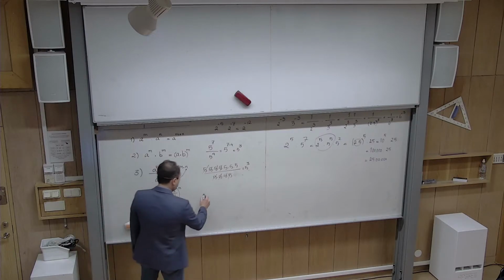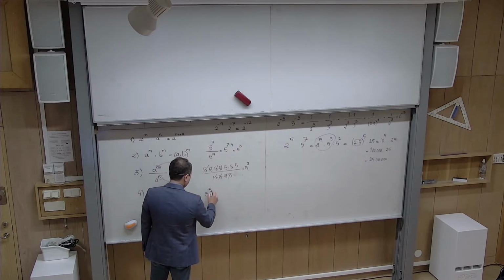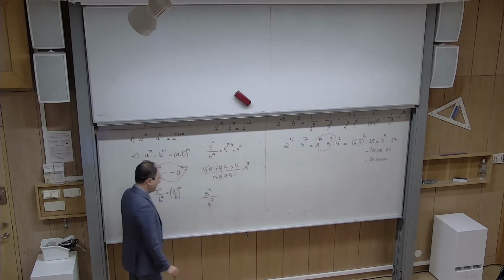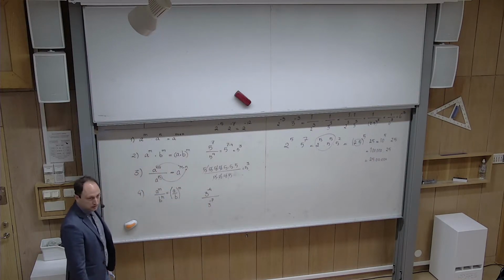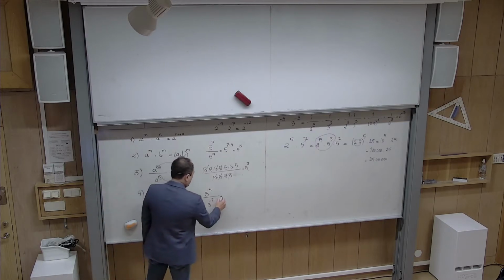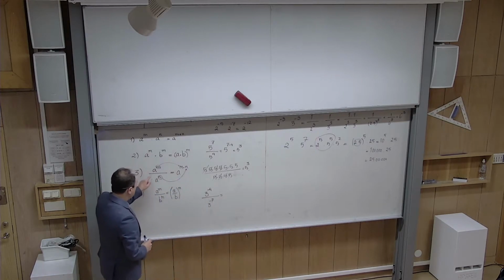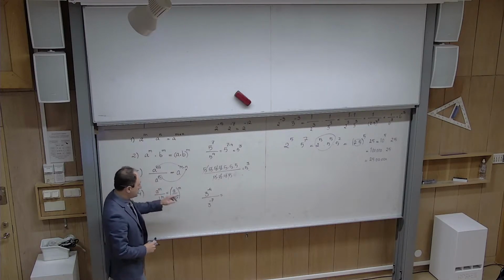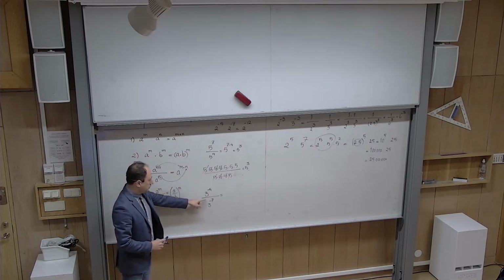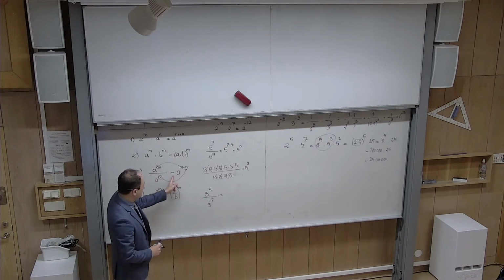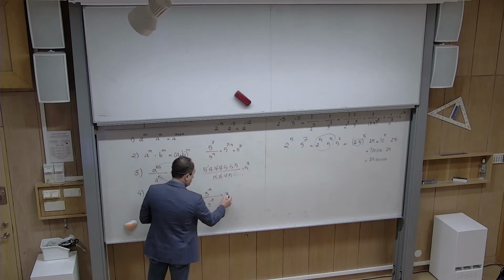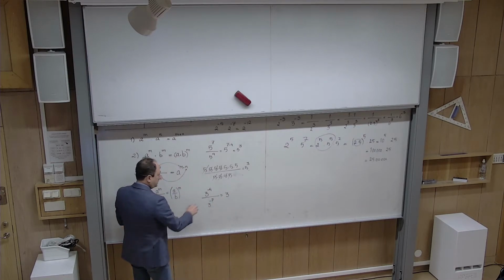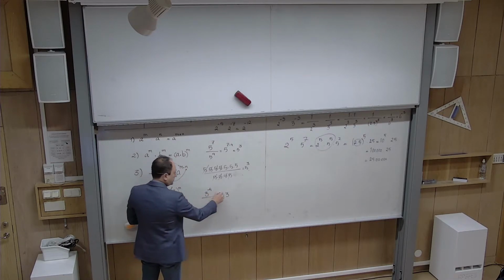Okay? But let me write another one for you here. For example, if I give 3 to the power of minus 4 divided by 3 to the power of minus 7, let us calculate this one. I hope that you immediately agree that this formula is applicable. Why? Because I have 2 powers, I want to divide them, and the bases are the same. So according to this formula, I write the common base, and then I write the exponent on top minus the exponent in the denominator.